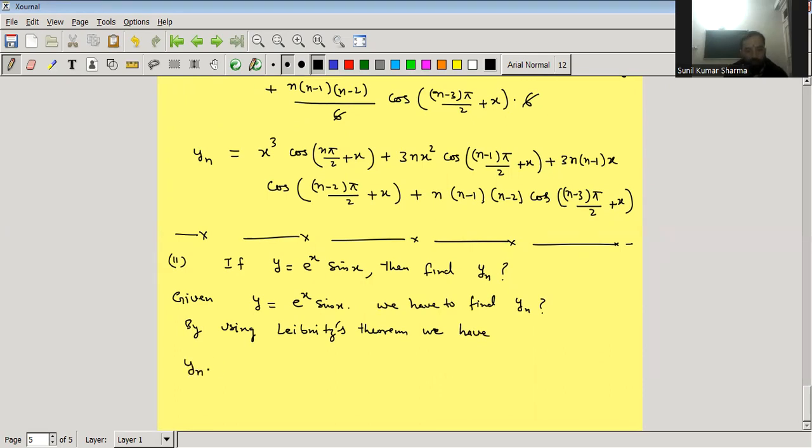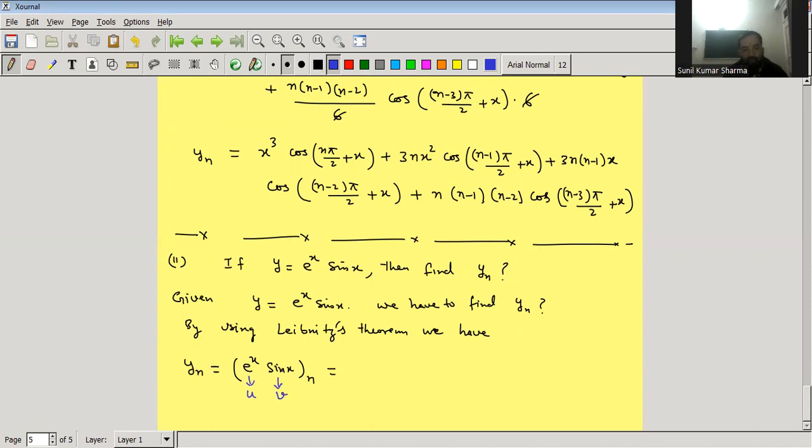yn is equal to the n-th derivative of e to the power x into sin x. Now you can take any one of these functions as u and the other function as v. So let us consider this to be u and this to be v.